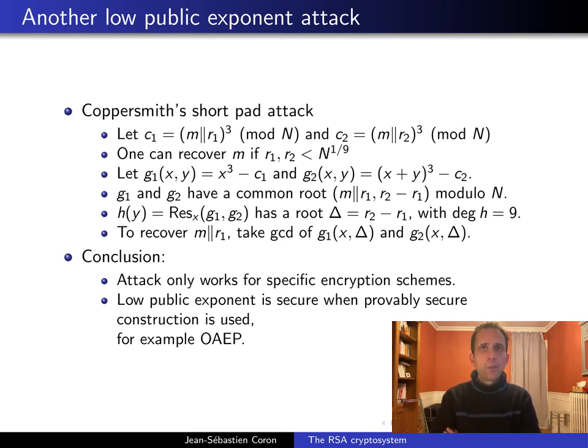And a low public exponent, when we take e equals 3, is completely secure when we use a provably secure construction, for example OAEP, which we have seen in the previous slide. So the conclusion is it is fine to use low public exponents, but we should also be careful to use only a provably secure encryption scheme, such as OAEP.